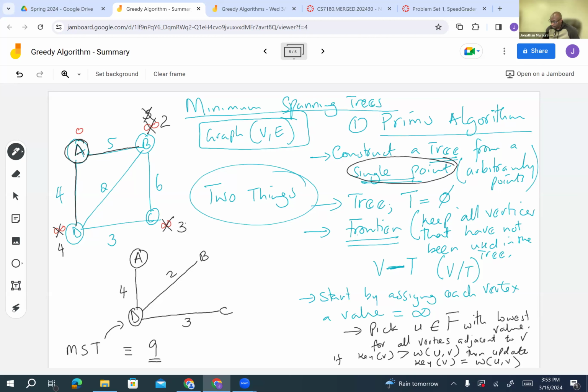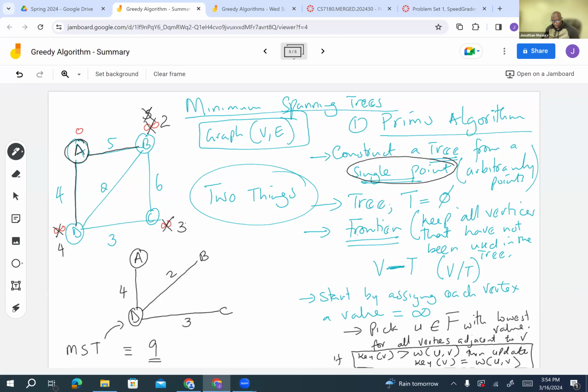And then we kept updating them using this formulation down here. Essentially, if the key of V is greater than the weight between U and V, then we updated the key of V to the weight between U and V. Then we updated this point.